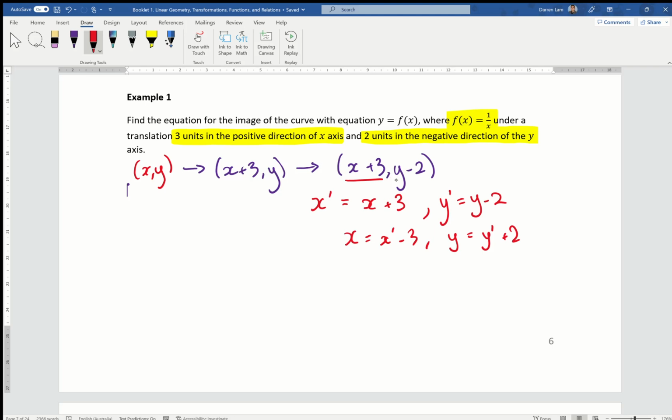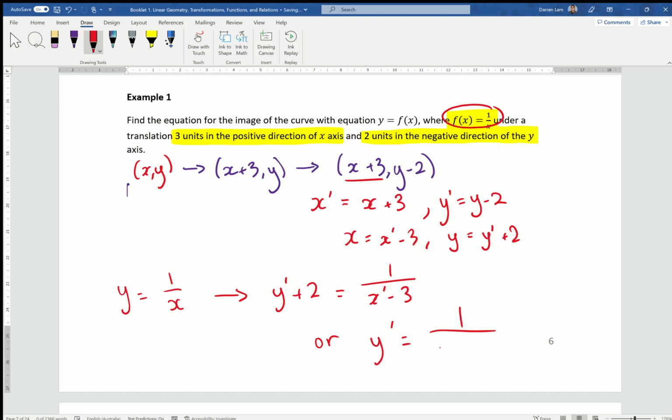So here is our original equation. We get y equals 1 over x, and that is being mapped to, I'm going to replace y with our y dash plus 2 from earlier, which equals 1 over, and replacing x with our equation from earlier, x dash minus 3, or in other words, y dash equals 1 over x dash minus 3, minus 2.